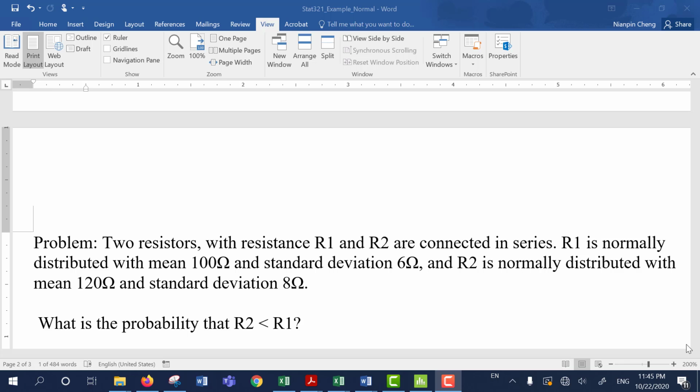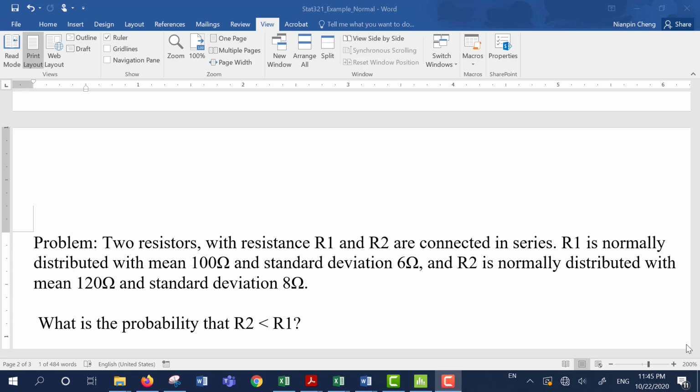Hello, in this video, I'm going to show you how to use a simulation to estimate probability. So here's the problem. Two resistors with resistance R1 and R2 are connected in series.